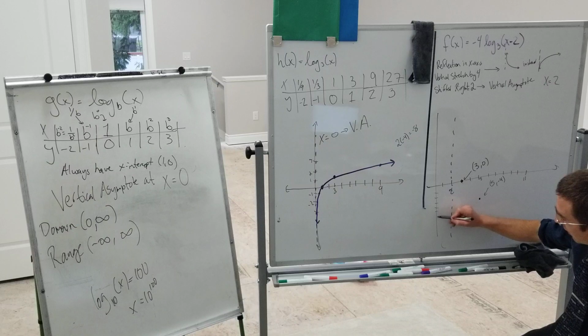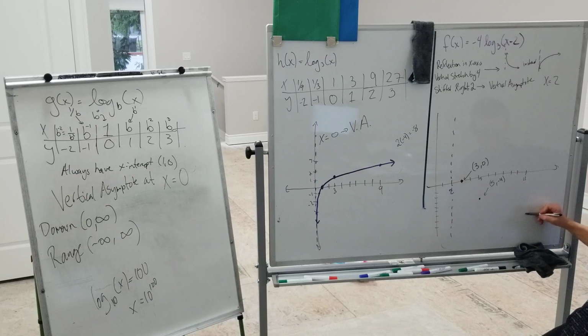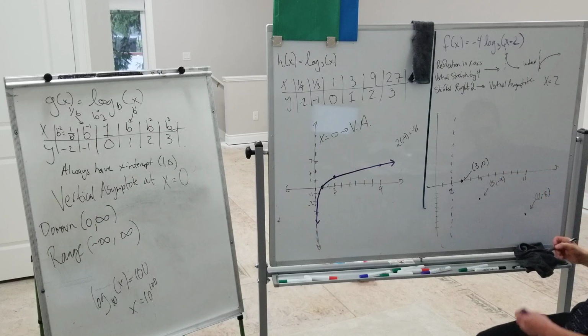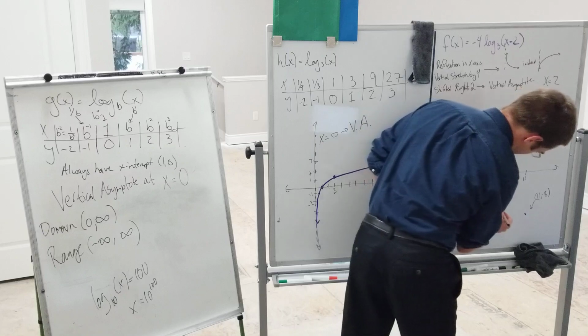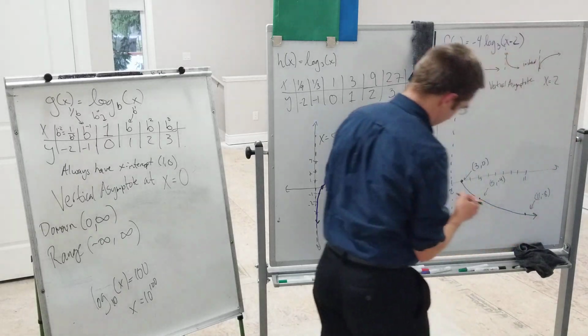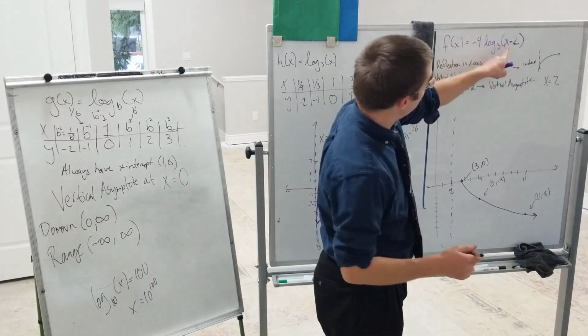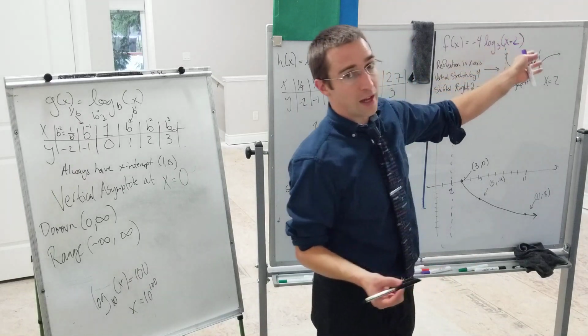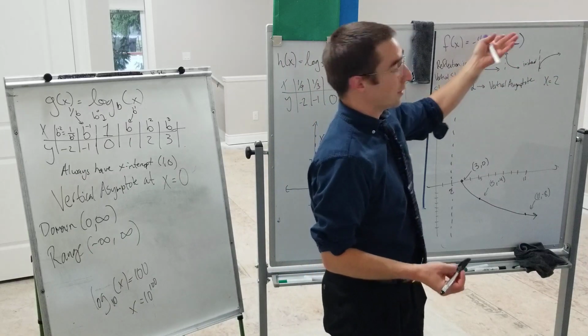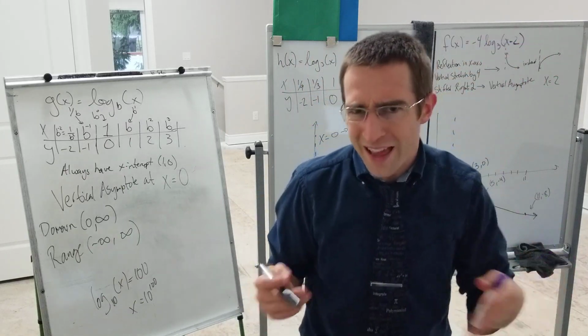So 4, 5, 6, 7, 8. So this is the point 11, -8. And I get this shape of the curve here. Right, notice if I put 11 in here, 11 minus 2 is 9. Log base 3 of 9 is 2. -4 times 2 is -8. Right, those points line up.